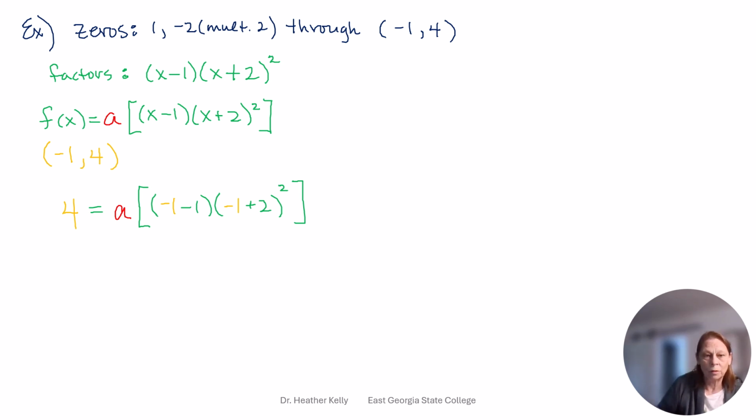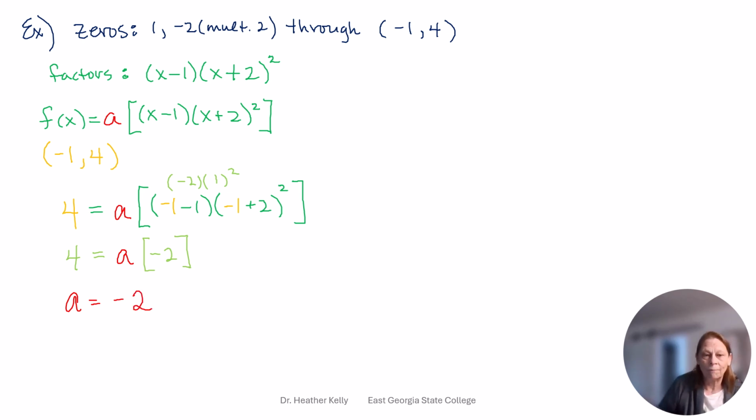And we'll finish this up here. 4 equals a times whatever we're going to figure out over here. Negative 1 minus 1 is negative 2 times negative 1 plus 2 is 1 squared. So negative 2 times 1 squared is negative 2. And so we get a is equal to negative 2.